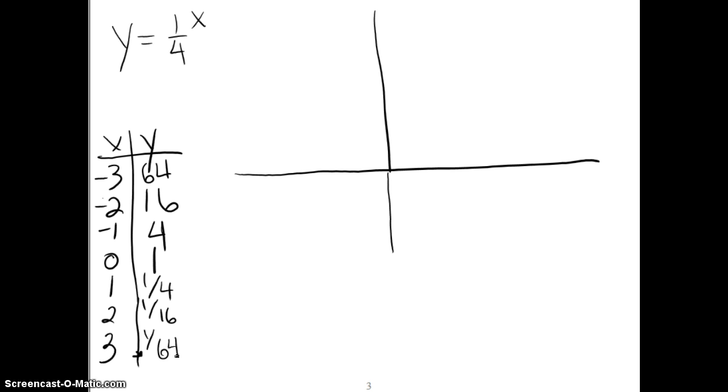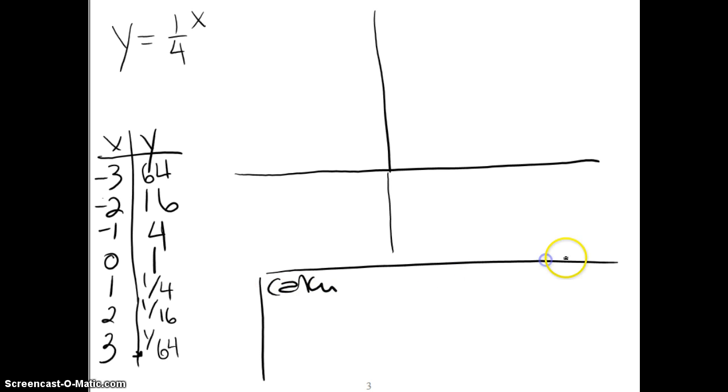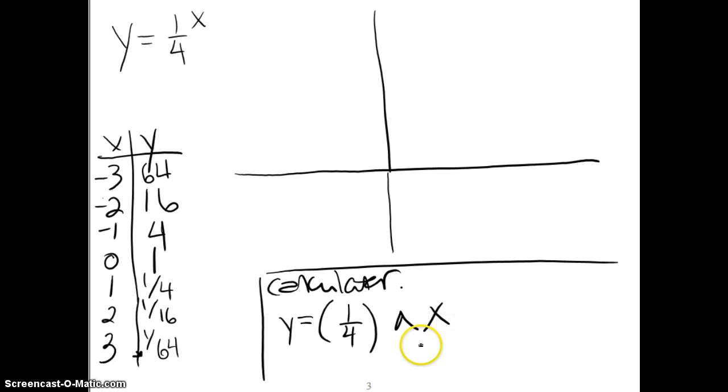As you guys move through this, make sure that you double check on your calculator. Remember to always, once you're on the calculator, you're going to go to y equals. You're going to put in the equation 1/4 in parentheses, the caret, and then x. And then you're going to hit graph.